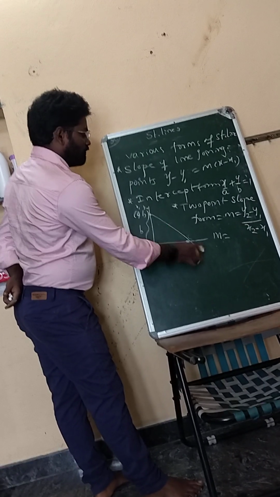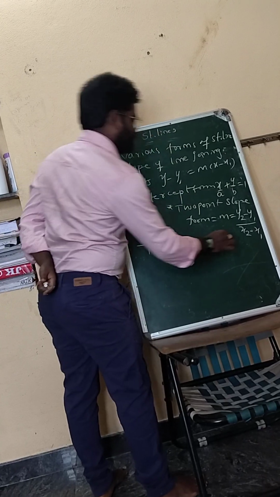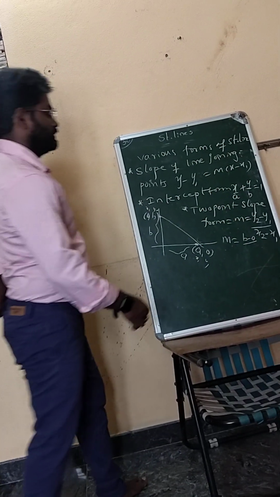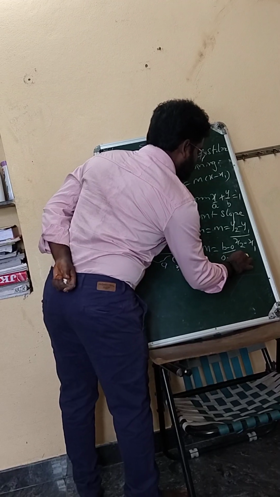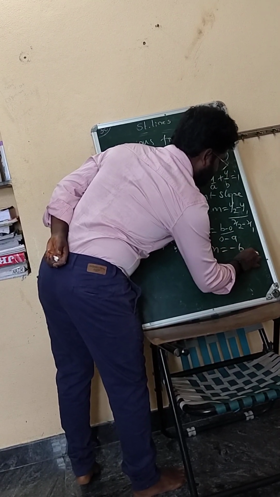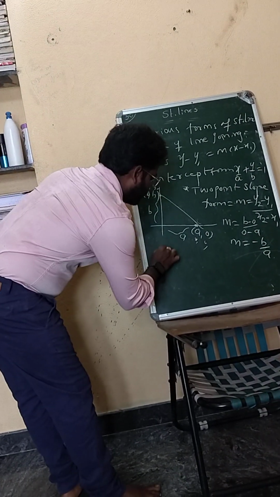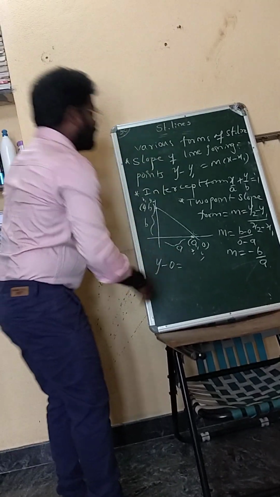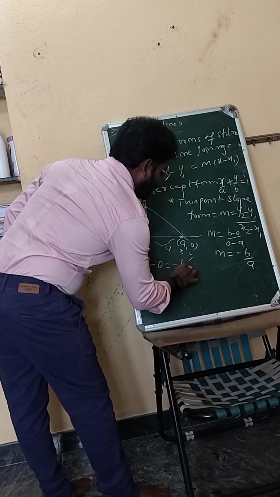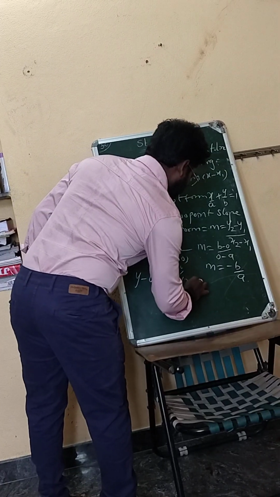A point x1 y1, a point x2 y2. Y2 minus y1 divided by x2 minus x1. Then finally m equal to minus b divided by a. Here what is the point of y1? Y minus 0. Next, what is the value of m? Minus b by a. X minus a.